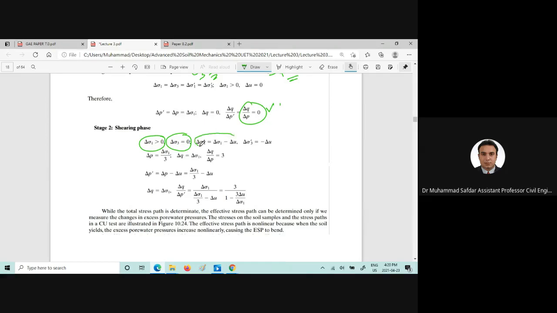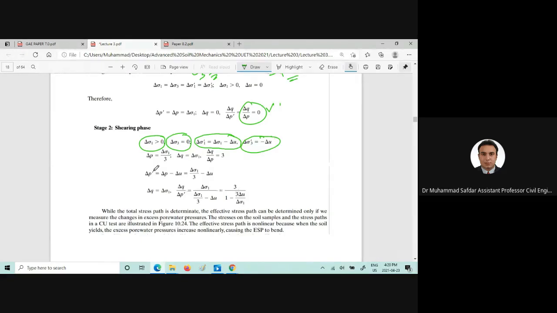And we already know that if you want to find the effective stresses, or the change in the effective stresses, we can use sigma prime equal to sigma 1 minus U, or in terms of delta, the changes as well. Now in the shearing phase, the pore water pressure will increase or it will decrease.